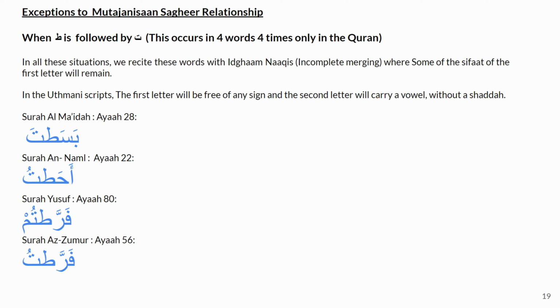That means some of the characteristics or sifat of the first sakin letter, which in this case is letter ta, so some of the characteristics of letter ta will be left behind.